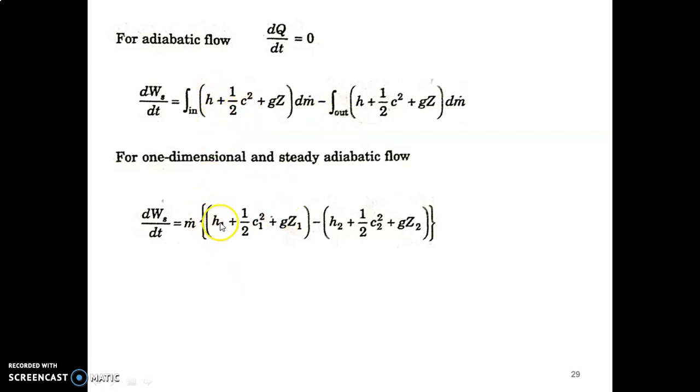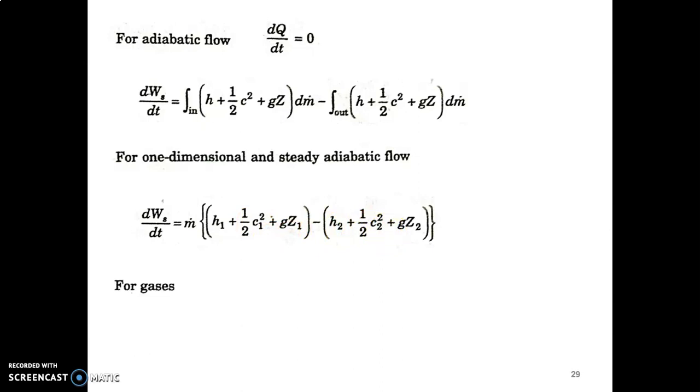Therefore, the terms with suffix 1 will come first, and terms with suffix 2 will come after the minus symbol. So m dot is taken outside as a common value, since as per the conservation of mass, m dot will be a constant value. So m dot into bracket h1 plus half c1 square plus gz1 minus h2 plus half c2 square plus gz2.